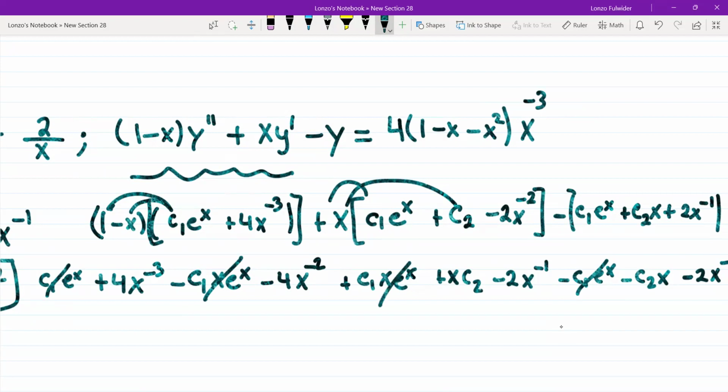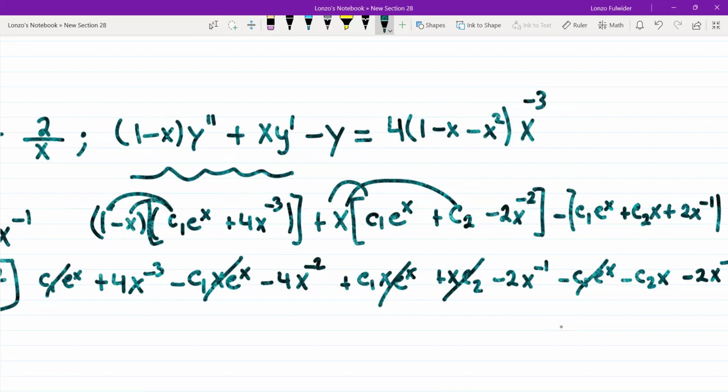And then this x c2 cancels with this c2x.